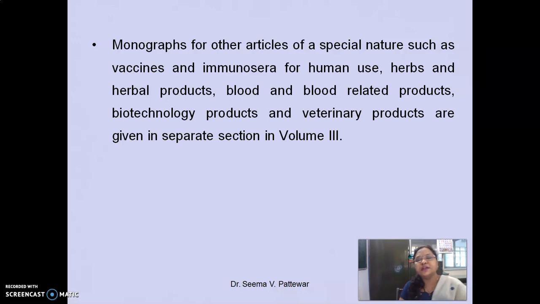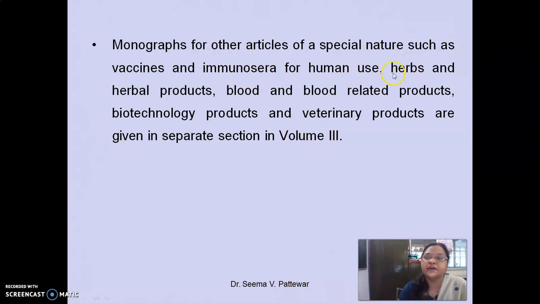Monographs for other articles of a special nature, such as the vaccines and immunosera for human use, herbs and herbal products, blood and blood related products, biotechnology products and the veterinary products are given in a separate section in volume 3. Means this comes under volume 3.